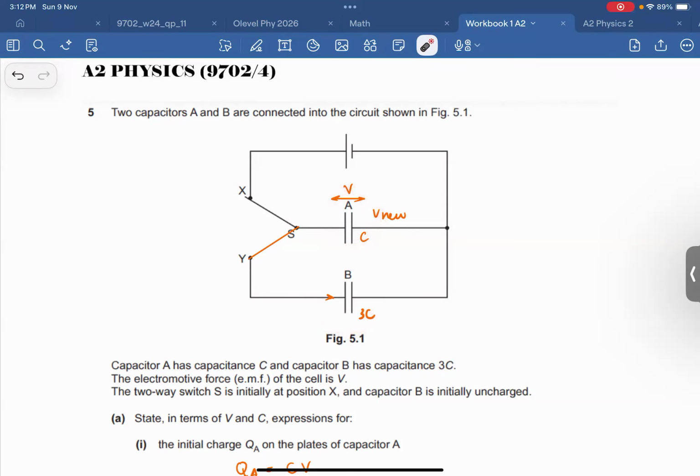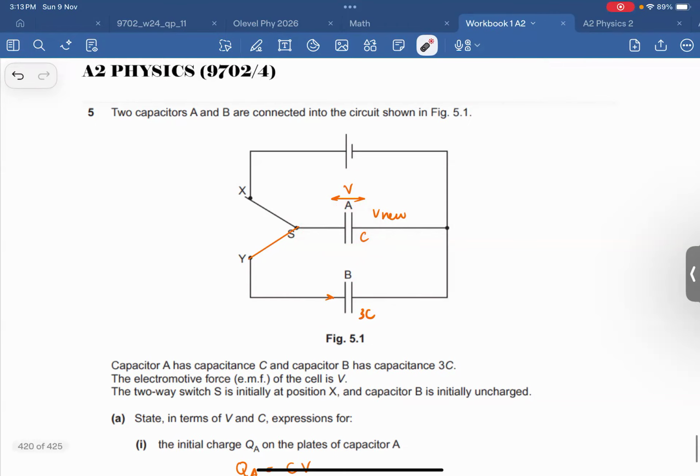But initially we have the greater voltage, so this has to decrease from V to some new voltage, and this has to increase from 0 to that new voltage. So this has to lose charge, and this has to gain charge.